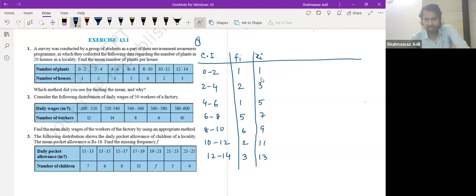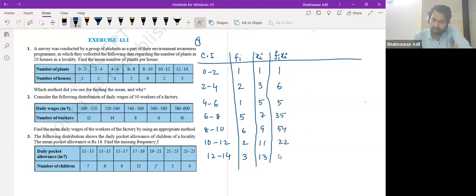And we can clearly see that these are small numbers, so we can use the direct method. But in this question, I will show the other methods as well. So for the direct method, we have to calculate fi xi, right? Product of xi and fi. So let us find out that. This would be 1, this would be 6, this is 5, this is 35, this is 54, this is 22, this is 39. So these are fixis.